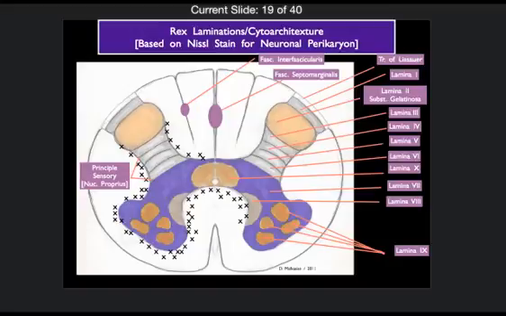Then there's lamina 1, very important for pain. And lamina 2 is really the substantia gelatinosa. The best way to put it together is lamina 3, 4, 5, and 6 together are really the proprius. They're the principal sensory nucleus of the posterior horn.